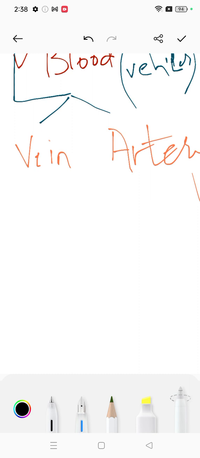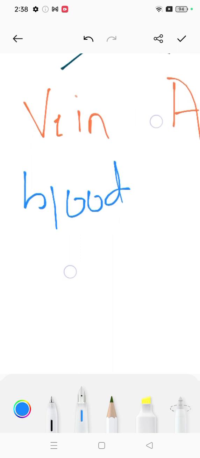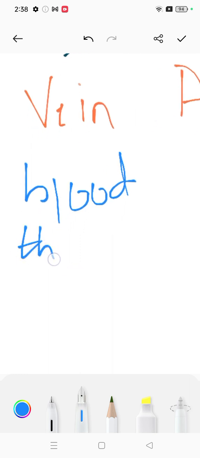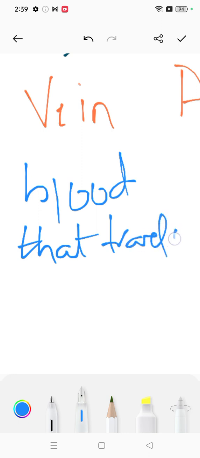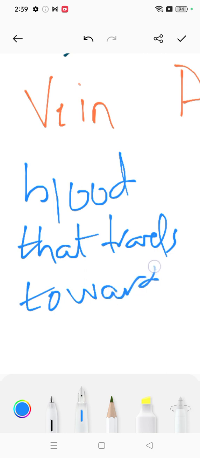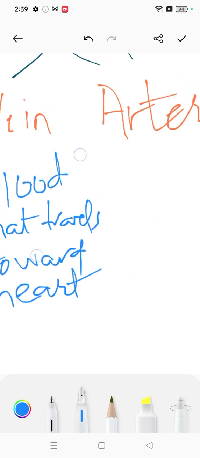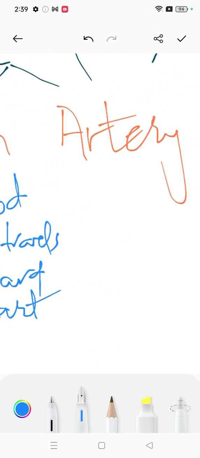What we'll write is that vein is blood that travels toward the heart. The opposite of this would be taking away, so artery is blood that travels away from the heart.